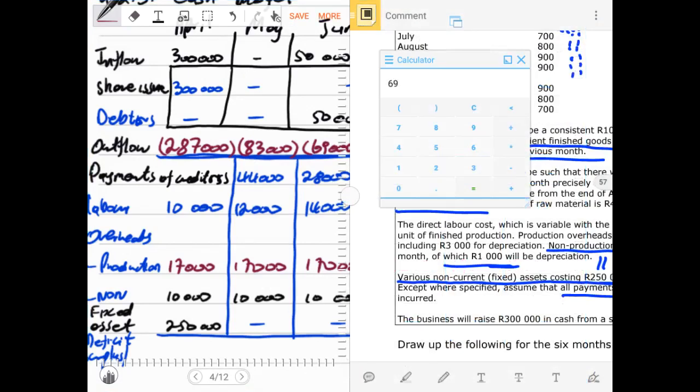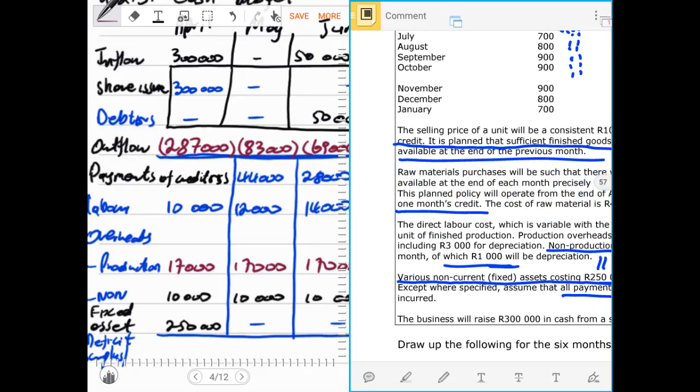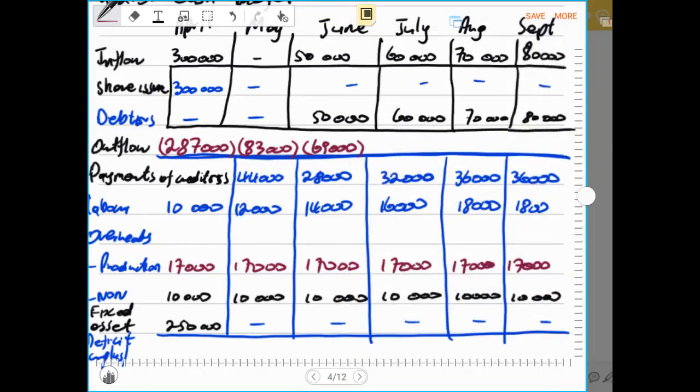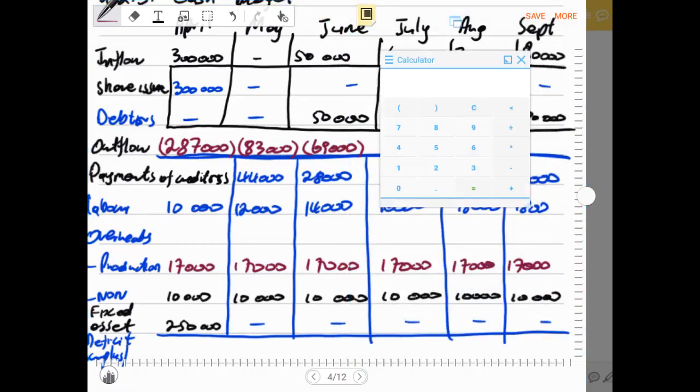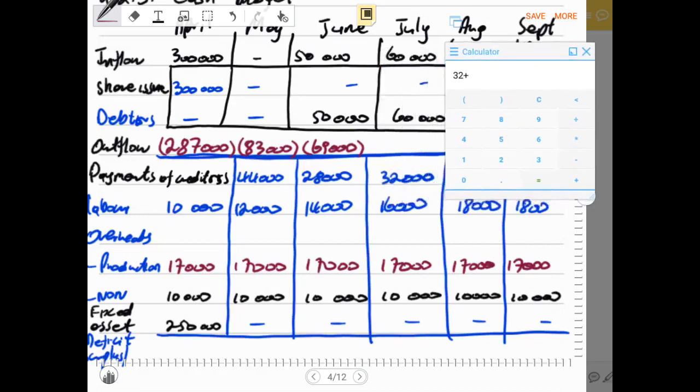Then we do the same thing for the last ones. We record the first one, which is 32,000 plus 16,000 plus 17,000 plus 10,000.